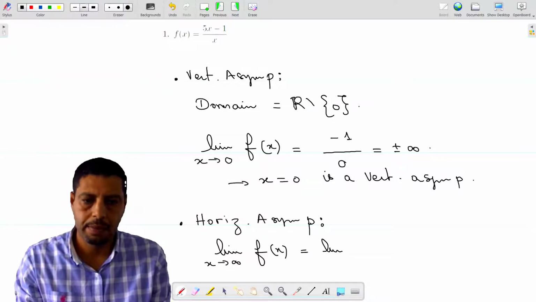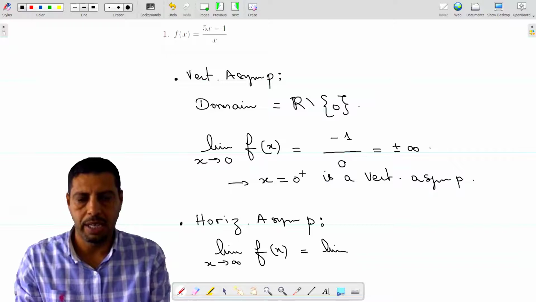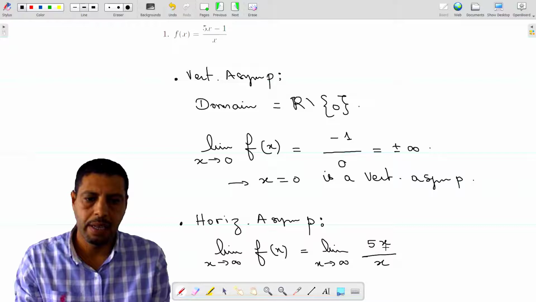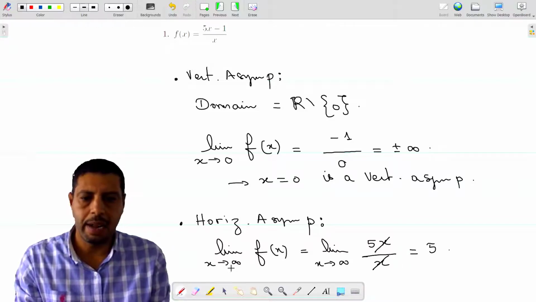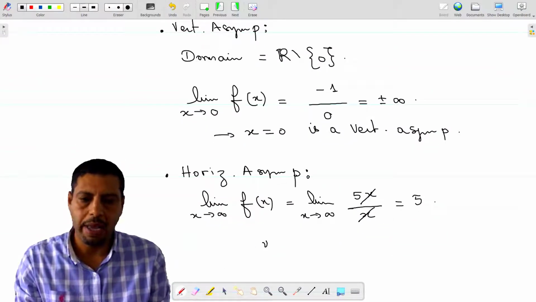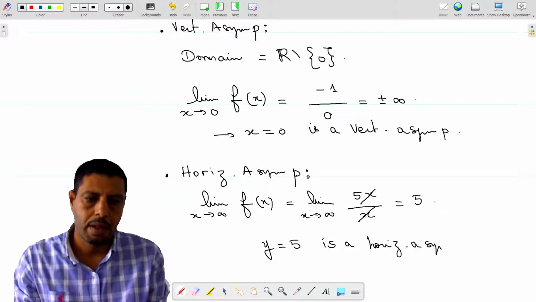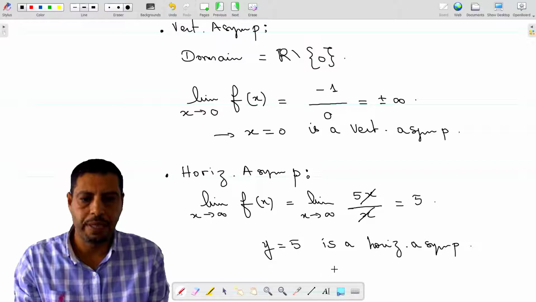So it's equal to the limit, the leading term in the numerator is 5x, the leading term in the denominator is x, as x approaches infinity. And here we can cancel the x, and the result is 5. Since the limit at infinity is a constant, then the equation y equals 5 is a horizontal asymptote as x approaches infinity.